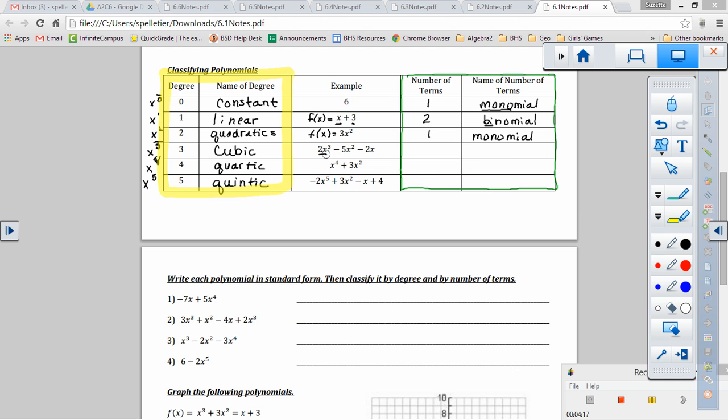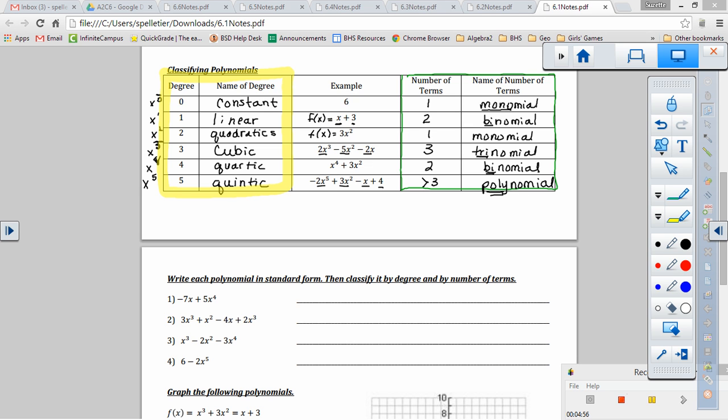This particular function has 3 terms, and anything with 3 terms is called a trinomial. 3 for tri. Again, the next example, our quartic has 2 terms, and so we call that a binomial. And then this one has 4 terms. So anything greater than 3 is just called a polynomial. Greater than 3, poly.